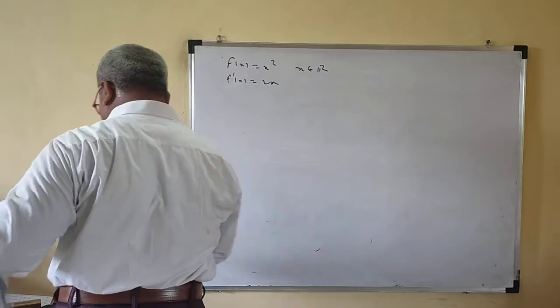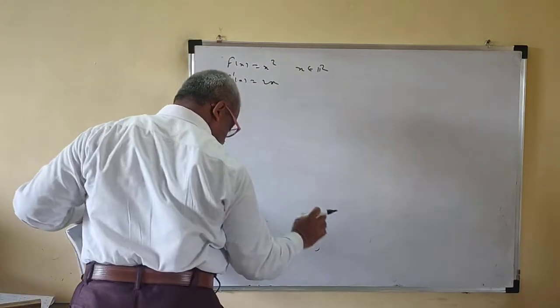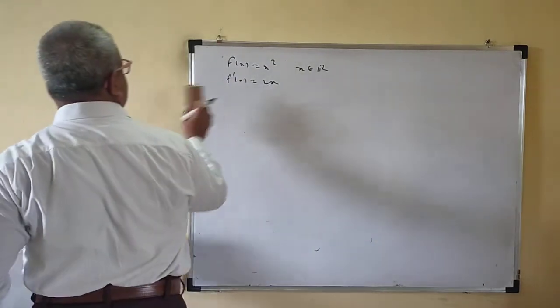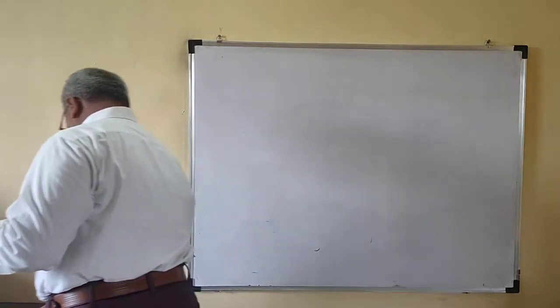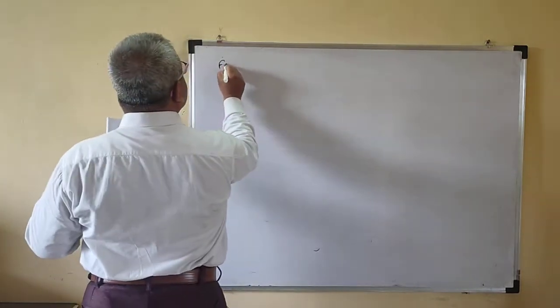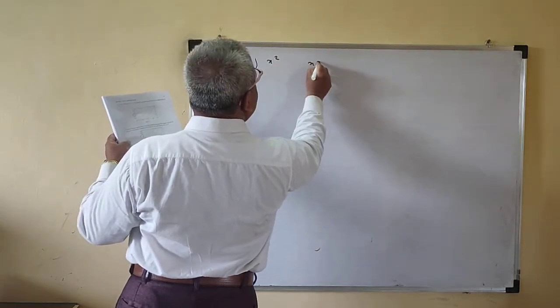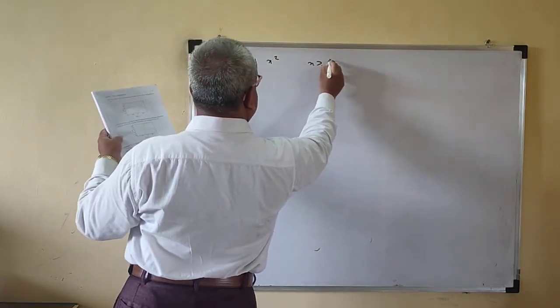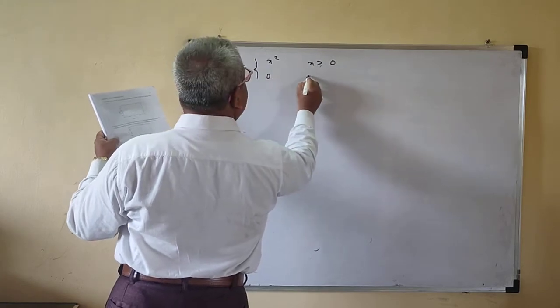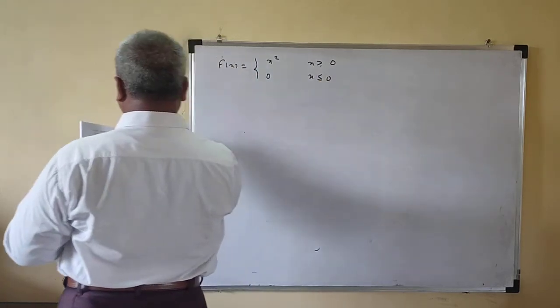Now suppose your function is f(x) equal to x square for x greater than 0, and 0 for x less than or equal to 0.